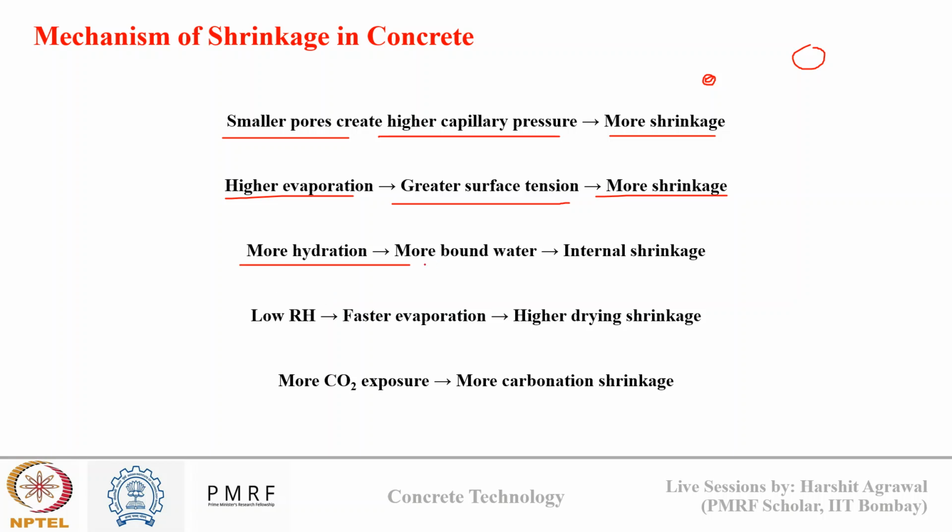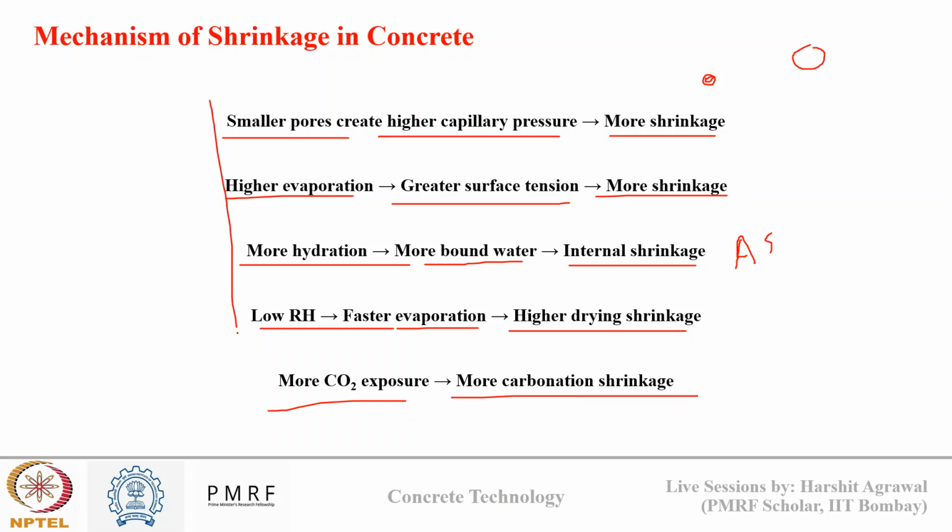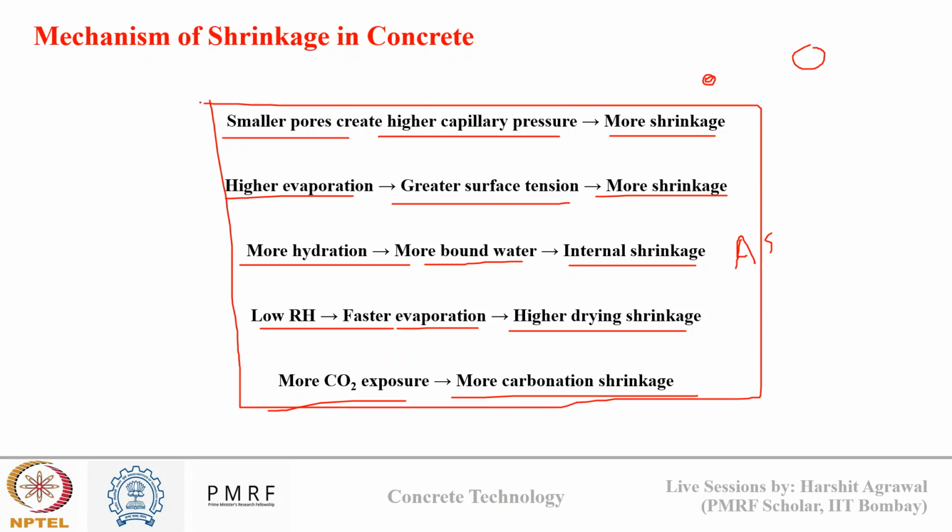More hydration will cause more bound water, so there will be more internal shrinkage, that is autogenous shrinkage. Low RH will lead to faster evaporation, which can lead to higher drying shrinkage, that we also know now. And more CO2 exposure will lead to more carbonation shrinkage. So these are some of the commonly known aspects of concrete and how they affect shrinkage.